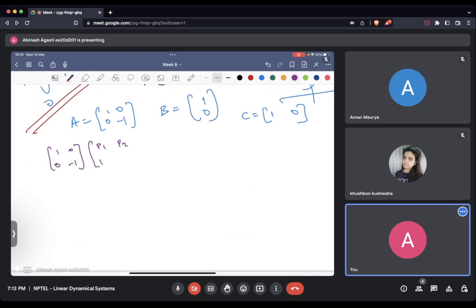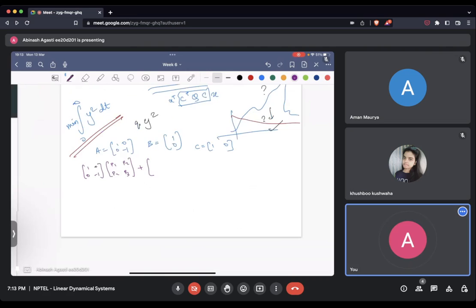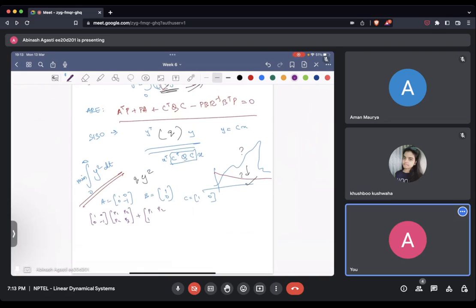A transpose P plus PA plus C transpose QC equals P B R inverse B transpose P. So I have [1 0; 0 0] on the left, since this is C transpose C. On the other side, we have P as [P1 P2; P2 P3], B B transpose, R is just 1, and this is again P. Okay, so let's solve for this.